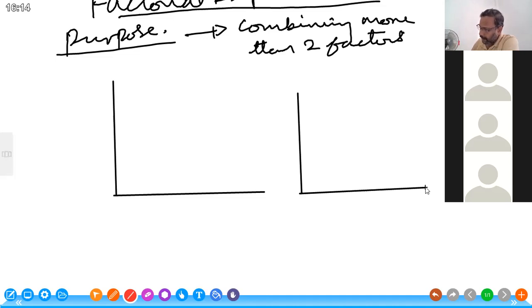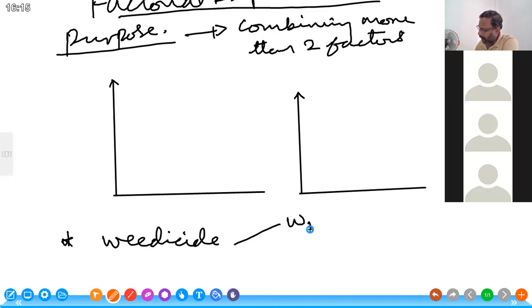Right, I'm taking an example in agriculture. So this is my experiment. We decide... I will say we decide W1, W2.